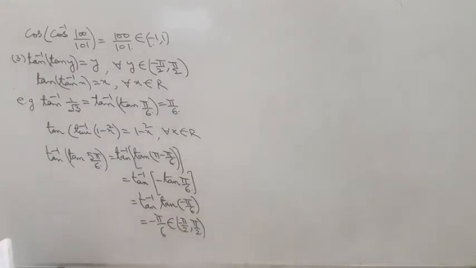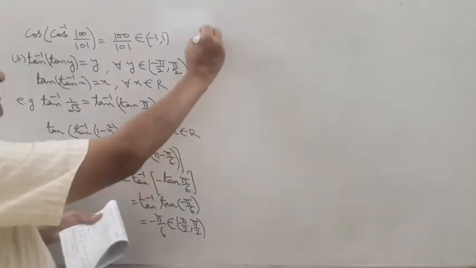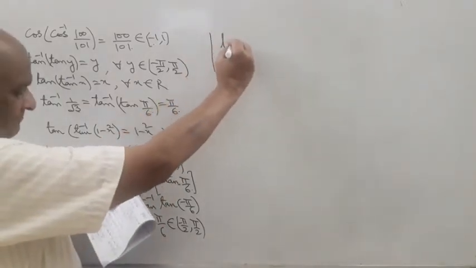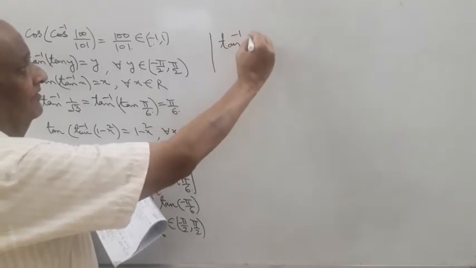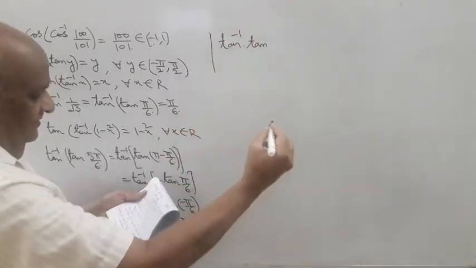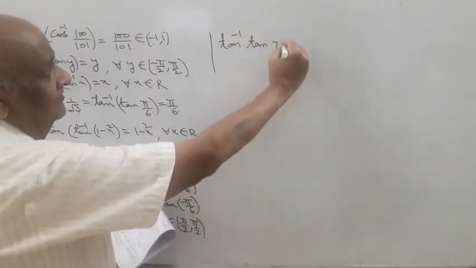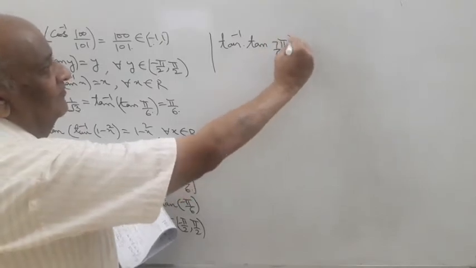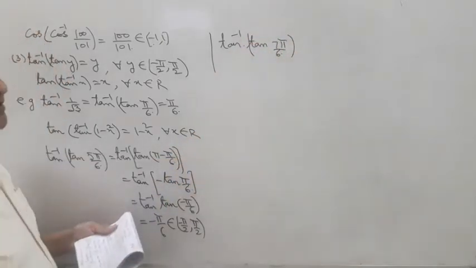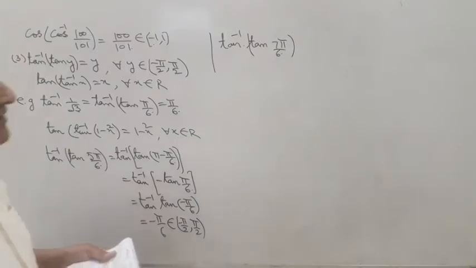Please see now, and take one more: tan inverse of tan 7 pi by 6.